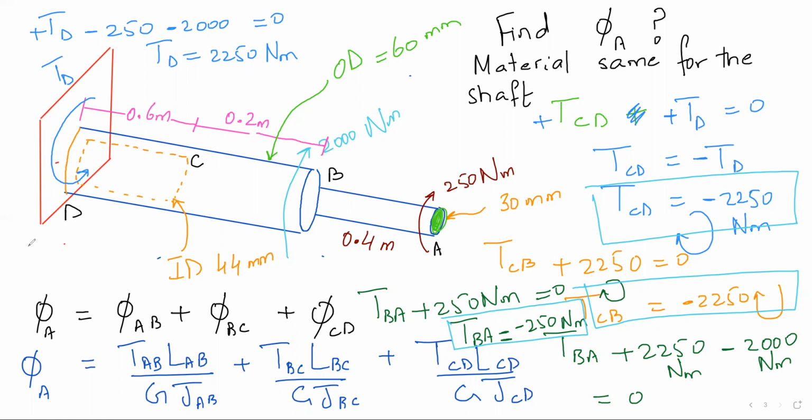Thank you, it was a very good comment that we need G. So that is 77 times 10 to the power 9 pascals. He was right. This is not one of those statically indeterminate problems where you have a summation equivalent.